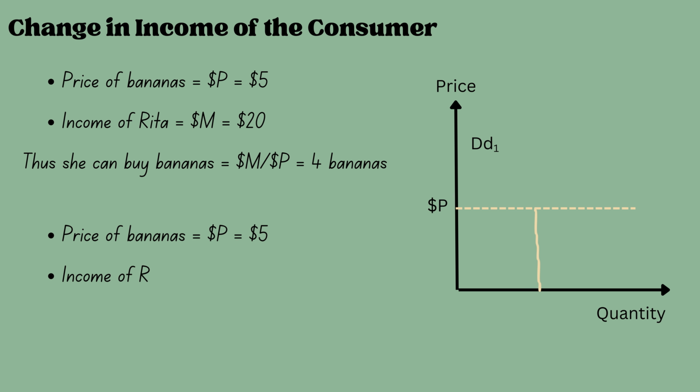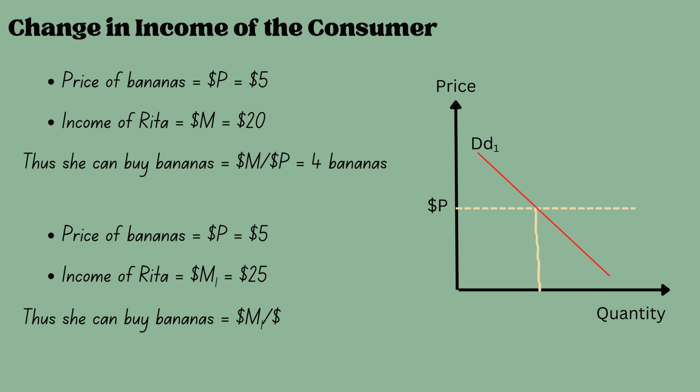With M1 amount of income and the same level of prices, she can purchase M1 by P amount of bananas. If we assume that M1 is equal to $25 and P remains unchanged at $5, then she can purchase 5 bananas. Therefore, the increase in income will lead to a rightward shift of the demand curve.